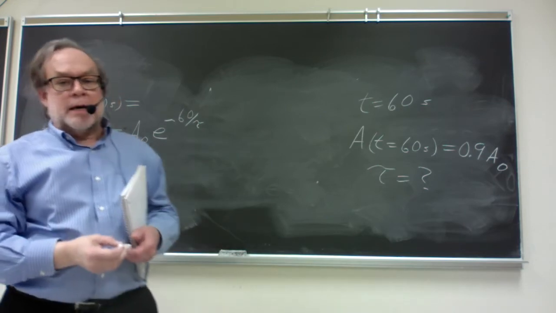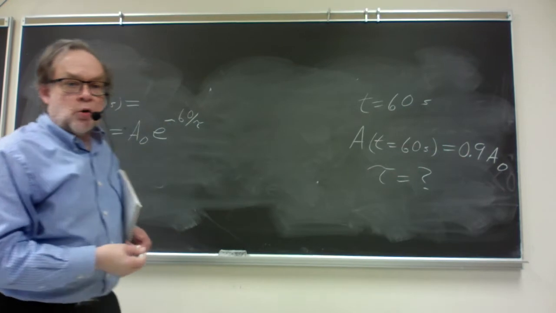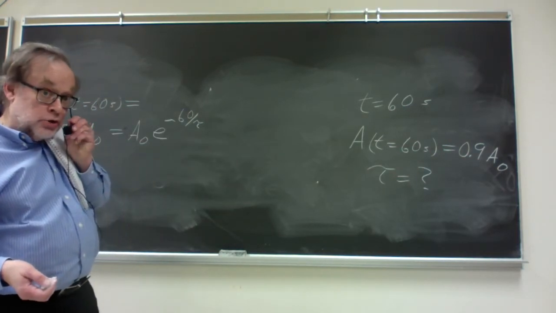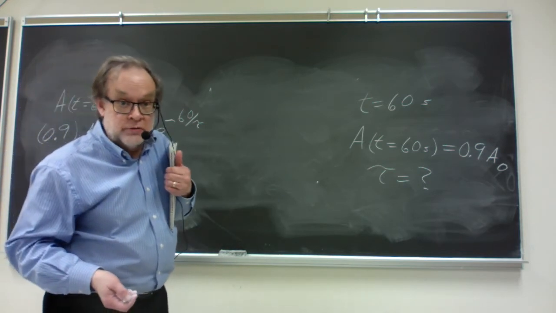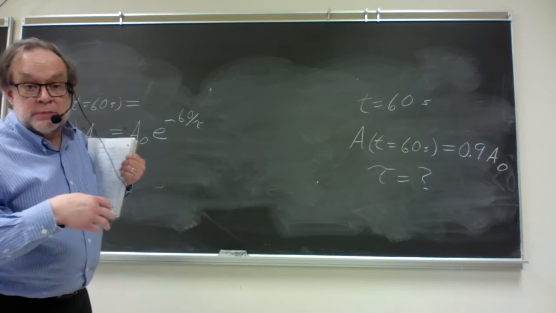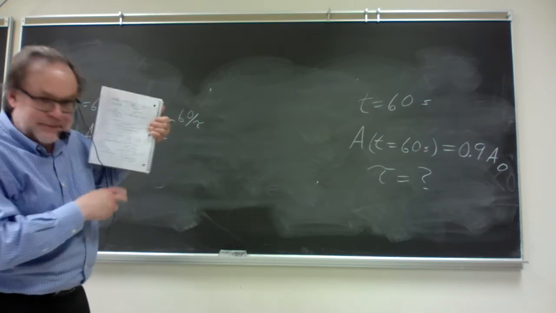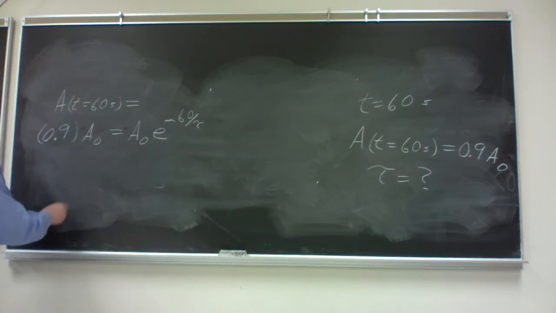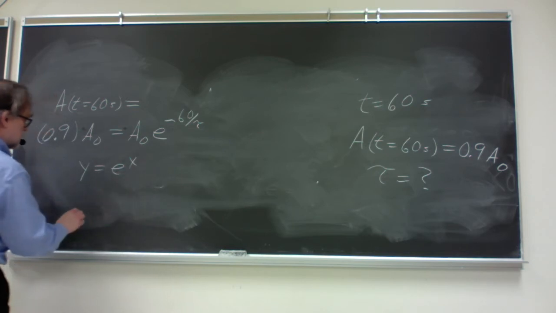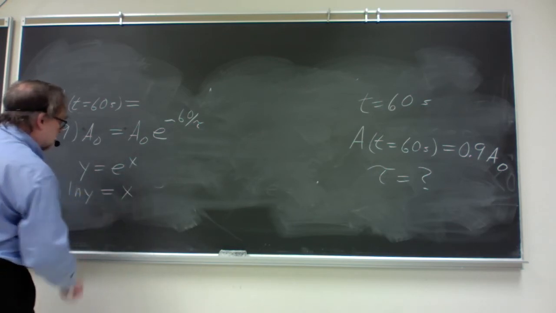We're solving for tau, which means we need to get that tau out of the exponent if we're going to have any hope of doing algebra to solve for tau. But we can use the relationship between exponentials and natural logs to get it out of the exponent. If it is the case that y equals e to the x, then natural log of y is just plain x.